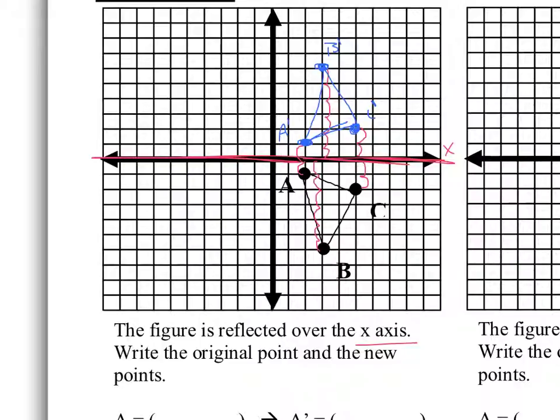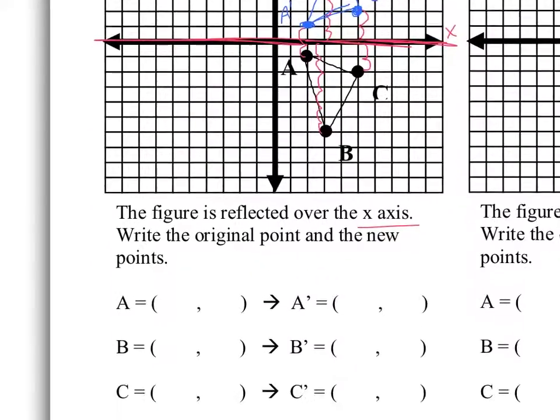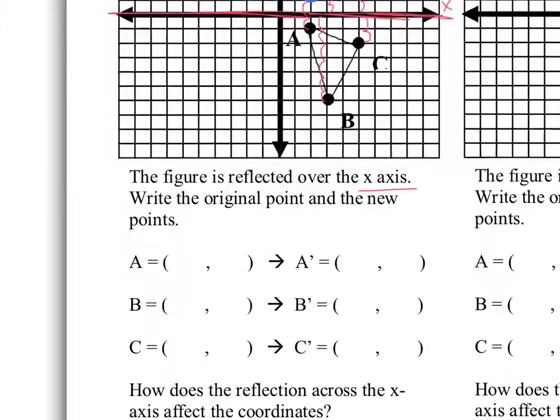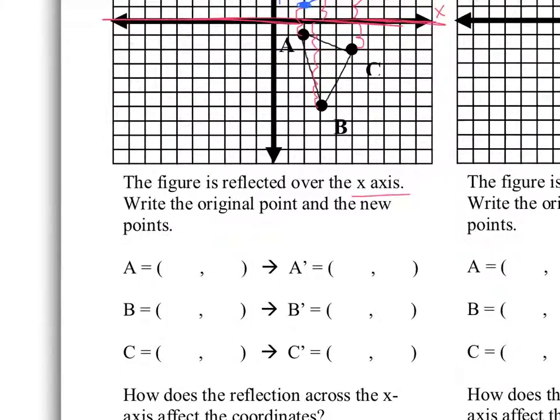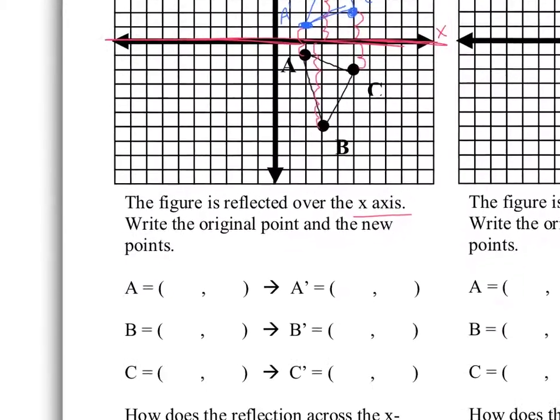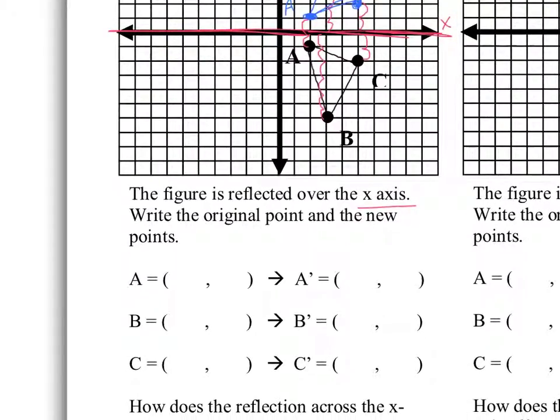So if you try and just memorize the two rules, you'll probably get them confused. In fact, I know I do. So I would create a problem like this for myself, which you'll actually do in a second, to kind of memorize the rules. So let's actually look and see what happens to our coordinates.